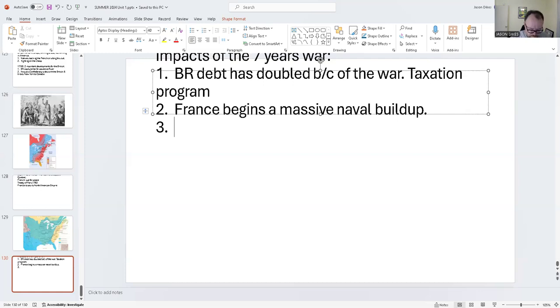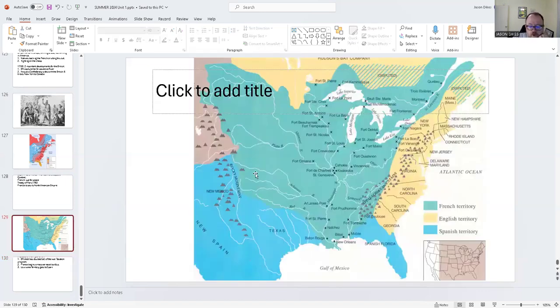Third, Louisiana Territory goes to Spain. Even though Britain had won all of this, they gave about half of it to the Spanish for some territorial concessions in Europe that we don't need to worry about.